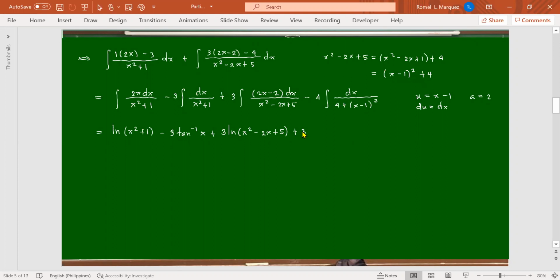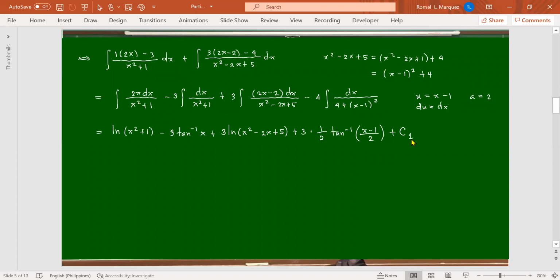Plus 3, then times 1 over a, inverse tangent of, because this is du over a squared plus u squared, (x minus 1), that is my u, over a. So what is my a? 2.